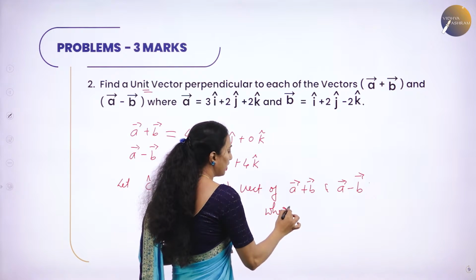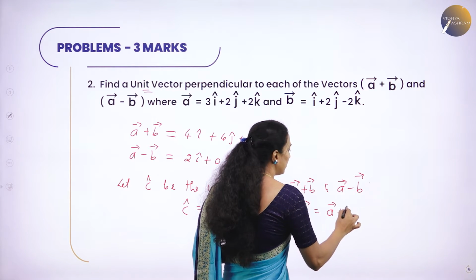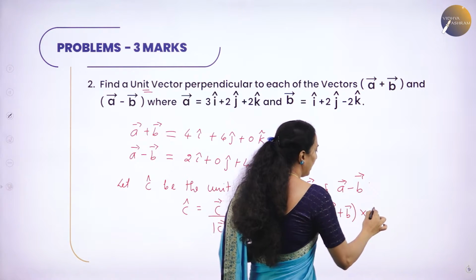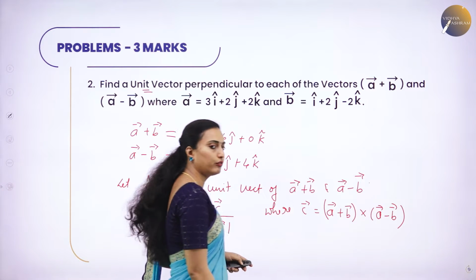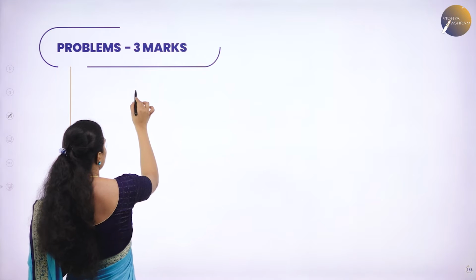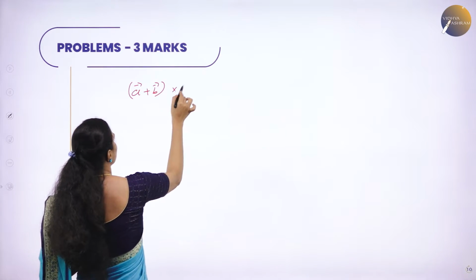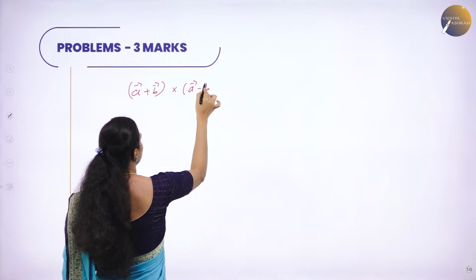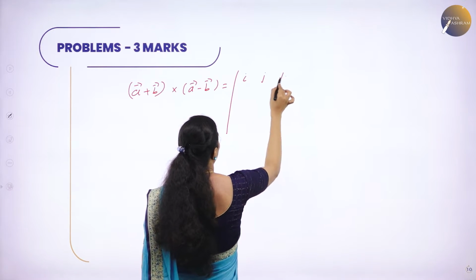C vector equals A vector plus B vector cross A vector minus B vector. Now let us do the cross product of this, which gives you first i, j and then k.